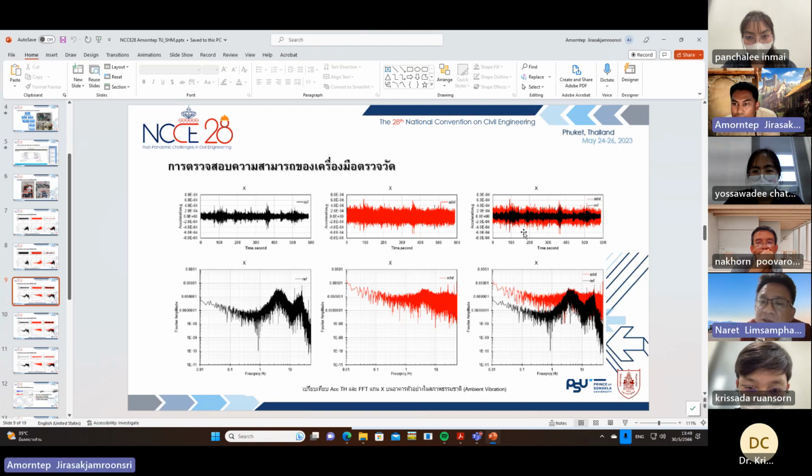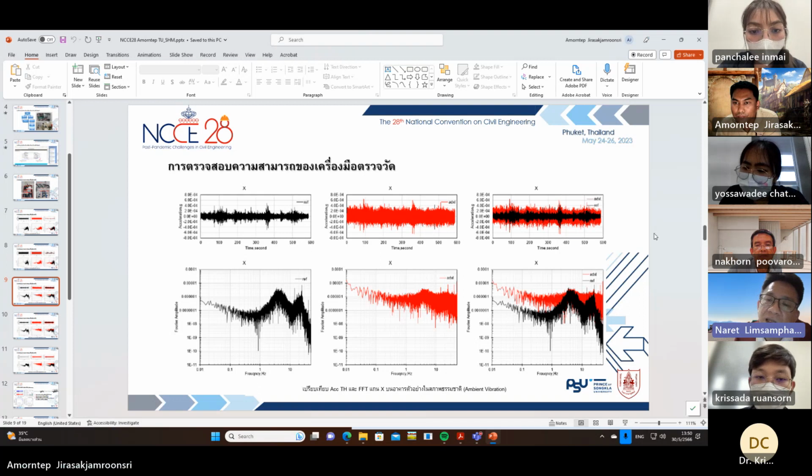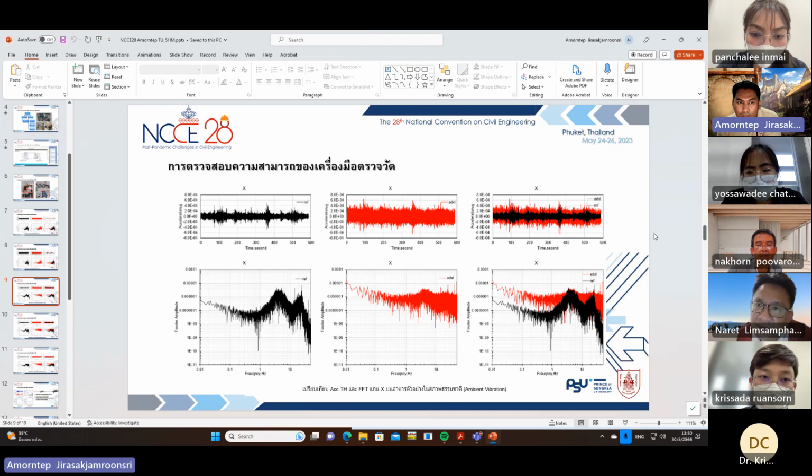And it seems that the amplitude of the red one, which is the low cost, is in fact higher, right? I mean the amplitude in the time domain of the low-cost sensor is in fact higher than the true one. Yes, maybe. So it's higher, and then why are you talking about the limitation of 0.2?